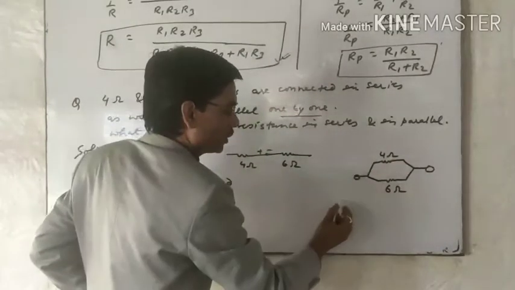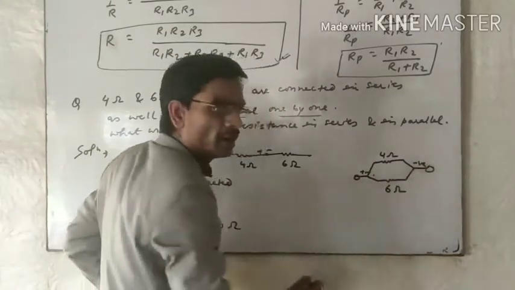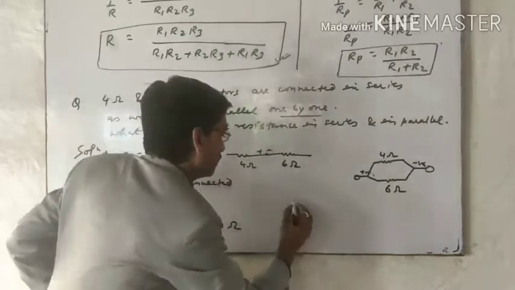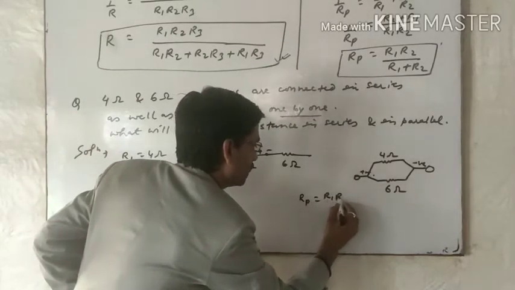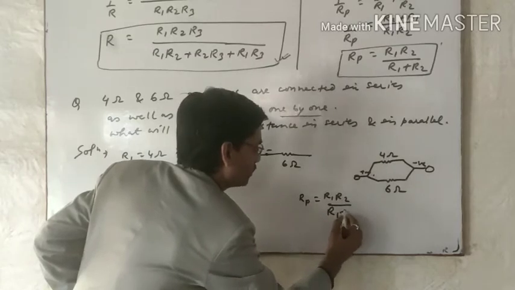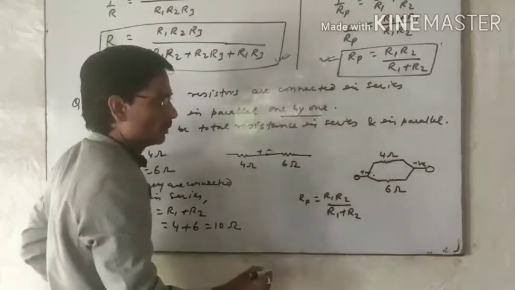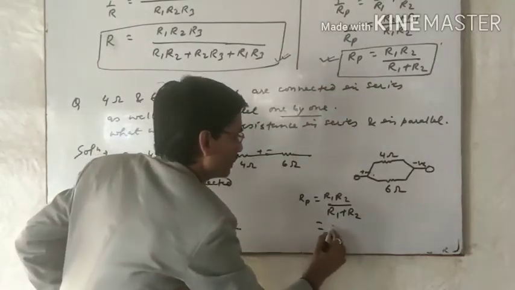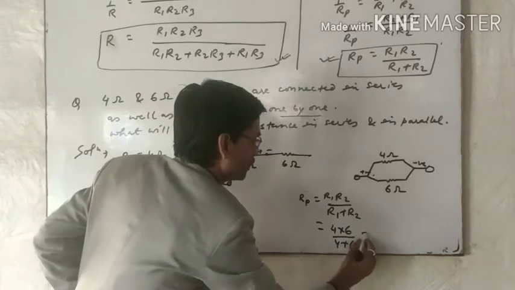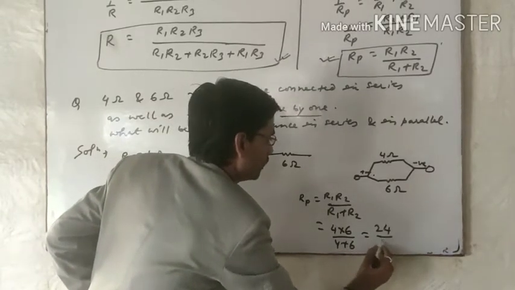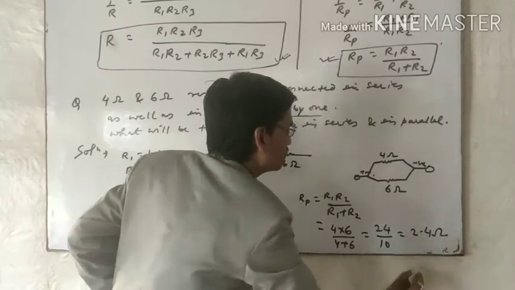These are in parallel combination. दोनों का पॉजिटिव यहाँ है, दोनों का निगेटिव यहाँ है. तो what will happen? तो Rp equals R1 R2 by R1 plus R2. I have just written the formula here. Pay attention. 4 into 6 by 4 plus 6. Result 24 by 10. That will be 2.4 ohm.